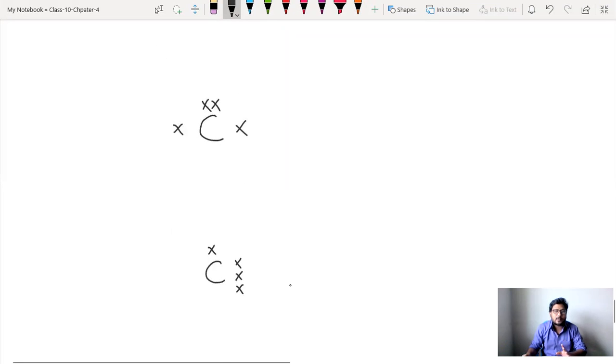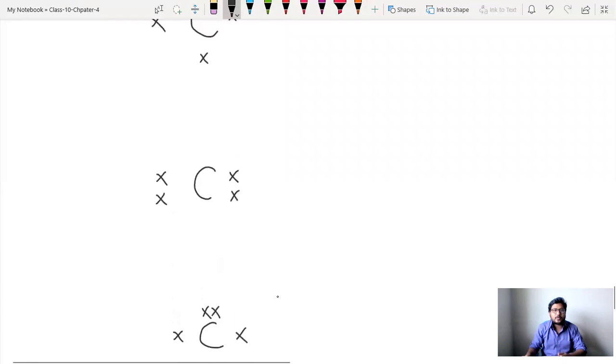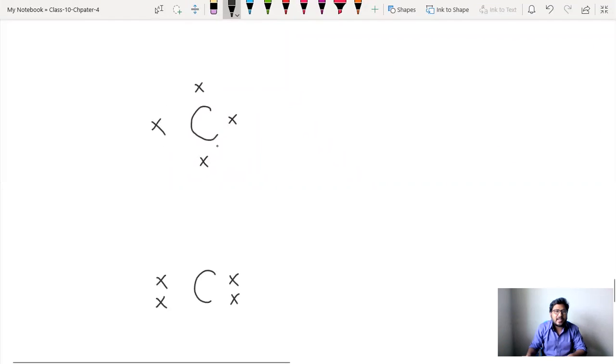Only triple bond is possible. I'll explain. What is the meaning of this? There is one valency electron here. Always it will be trying to get another electron from some other element or from some other atom.